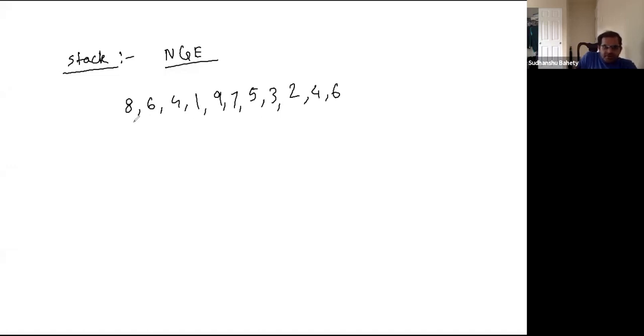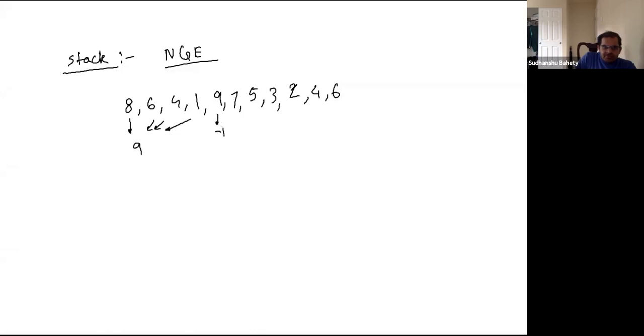So this is the question. The question demands what is the next data element for each of the elements. So for 8, the next data element is 9. For 6 as well, the next data element is 9. For 4 and 1 also, the next data element is 9. For all of them, the next data element is 9. For 9, there is no data element, so you provide -1 over here.